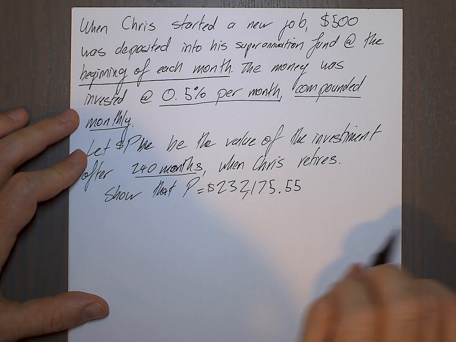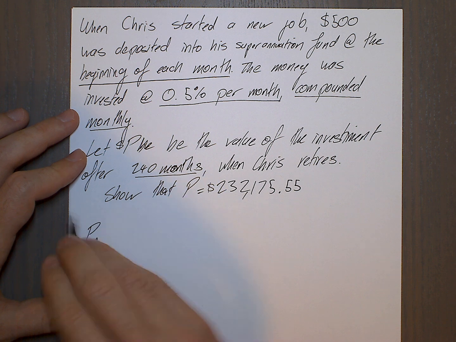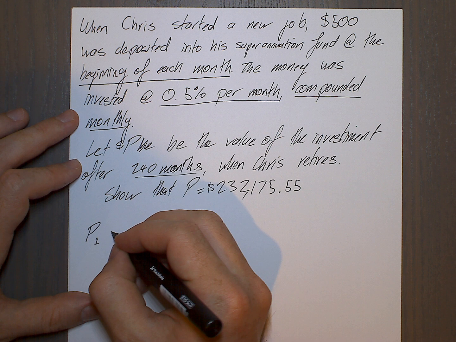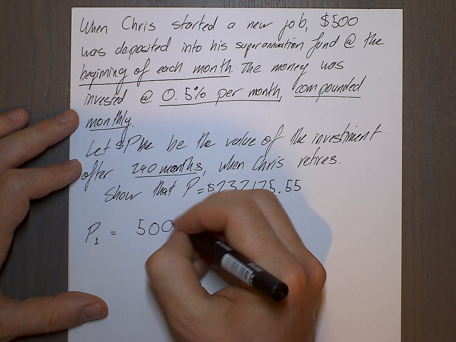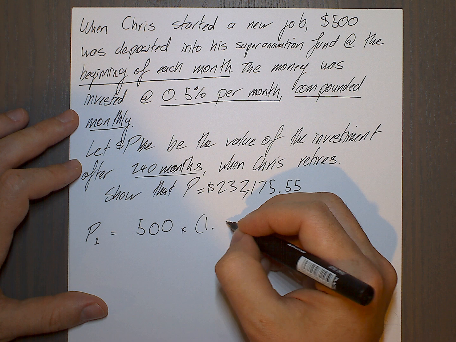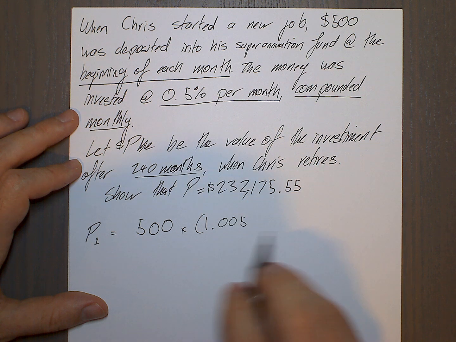But let's go through it. In his first payment, let's go with that, it's going to be 500 times 100% plus 0.5%.